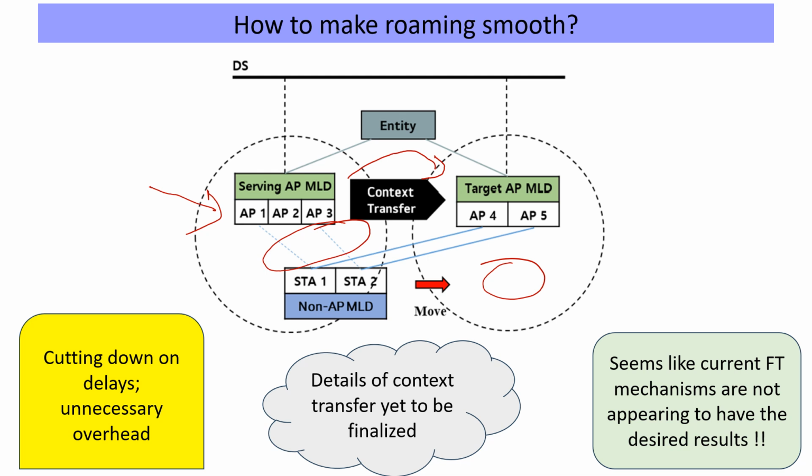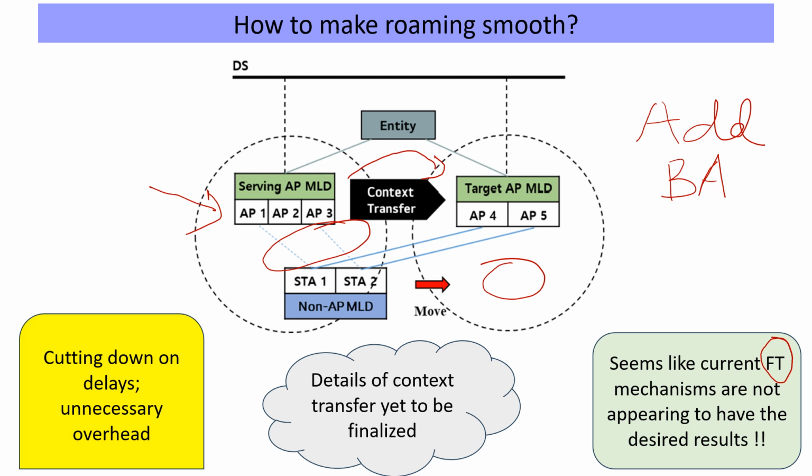For example, for a long time, we have depended on fast transition, 11r based FT. But people have noticed that even though you have a secure reassociation with your neighboring AP, things like adding block-ACK and such context information actually take the effective roaming time to a much larger value.